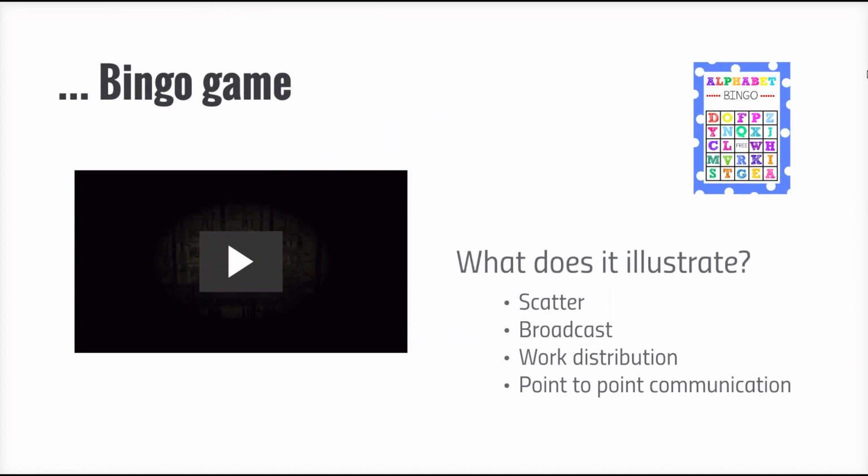So what does this game illustrate? As you can see, at the beginning there was a scatter function, and then in each round a broadcast, and to check if the game is over, there was point-to-point communication.